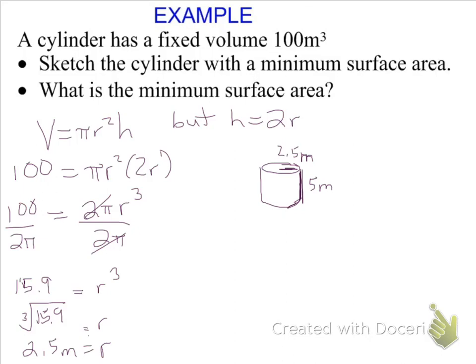We are going to use the surface area formula, and surface area formula looks like this. Surface area equals 2 pi r squared plus 2 pi r h. And replace all the numbers. So 2 pi 2.5 squared plus 2 pi 2.5 times 5. Sorry, running out of space here.